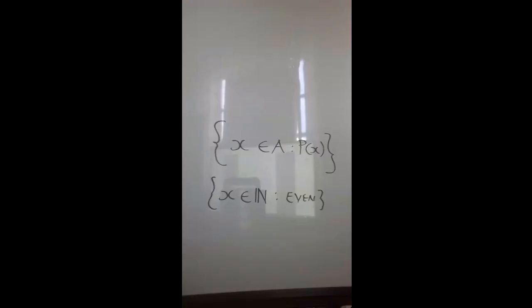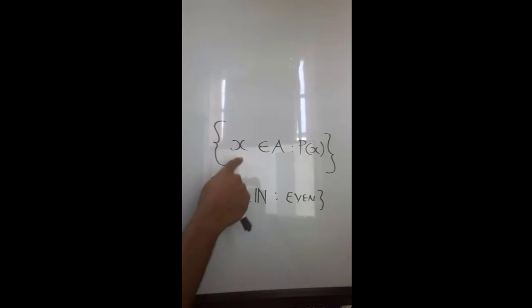Property could be even, property could be negative, stuff like that. So let me say it for you so you can write it: the set of all elements in A that have the property P of X. That's the correct way to say it.